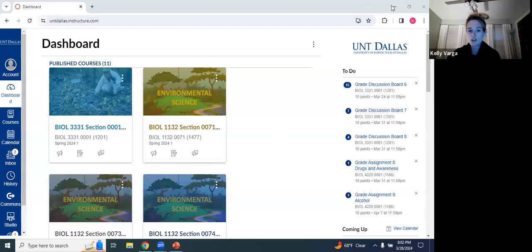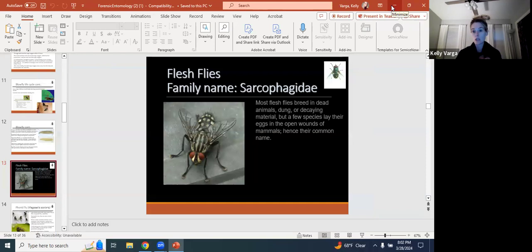So we were finishing up our discussion in and around invertebrates that we can utilize in forensic entomology. Remember, chapter 6 covers all aspects of those different types of invertebrates that we can utilize in entomological investigation.